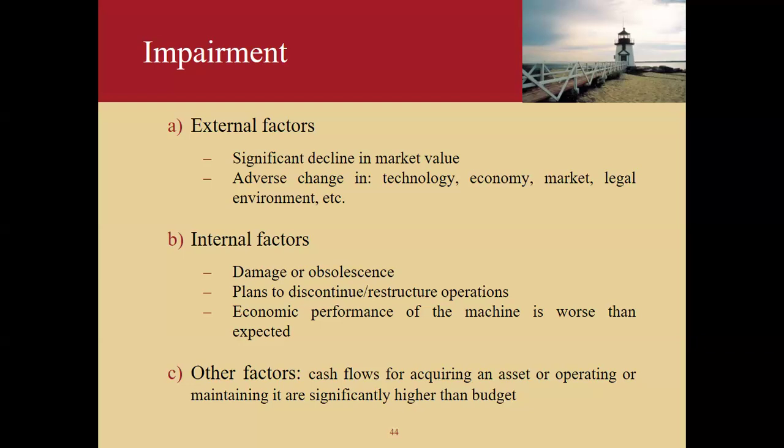You might have acquired it expecting good production, but it is not producing what you expected. Other factors include cash flows for acquiring an asset, or operating or maintaining it, being significantly higher than budget. The expenses are too much to operate.